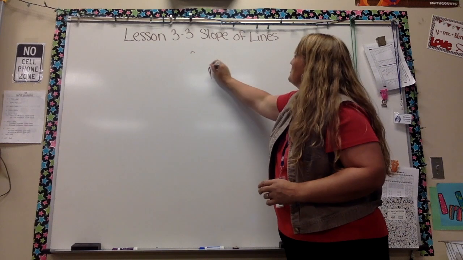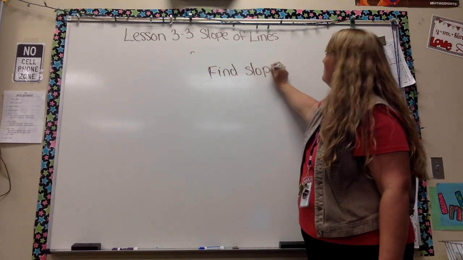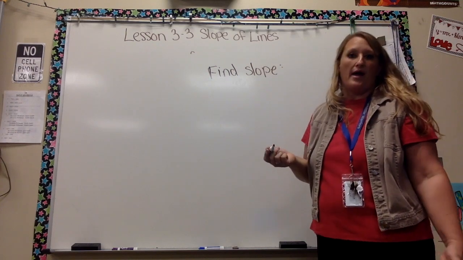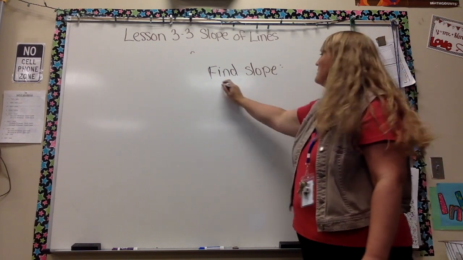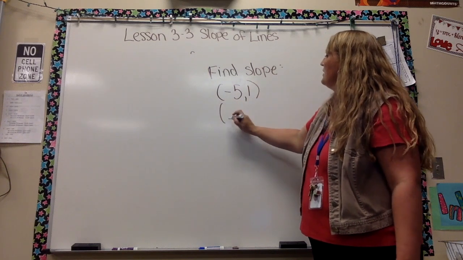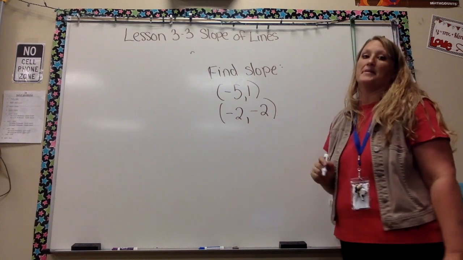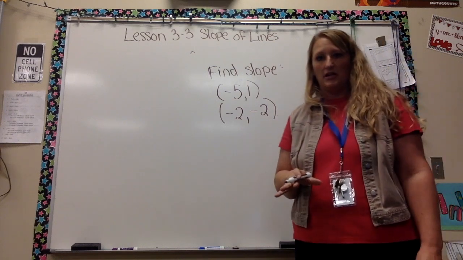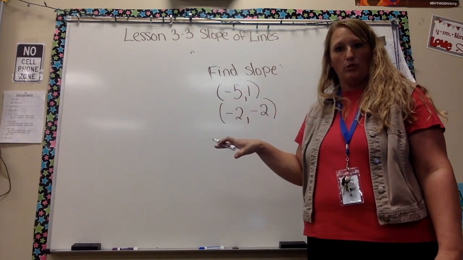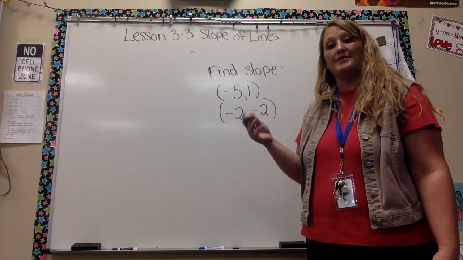So you're going to find slope when you have the coordinate pairs negative 5, 1 and negative 2, negative 2. So I want you to go ahead and pause the video, work this out and find the slope, and when you come back, then you can start the video again and see if you got it right.